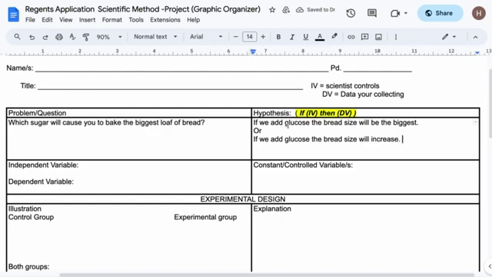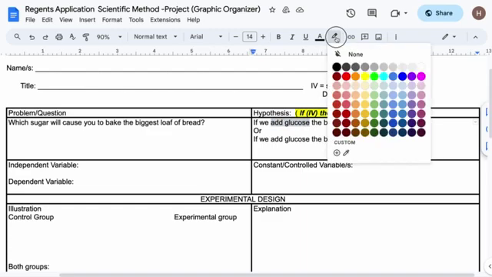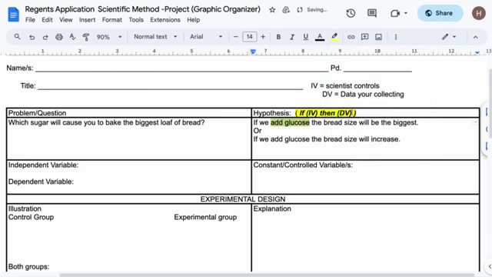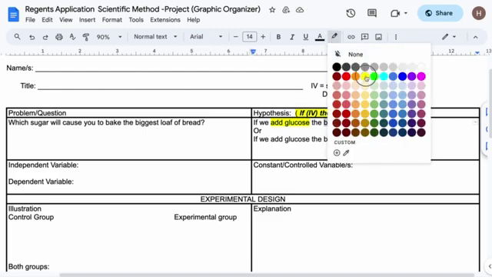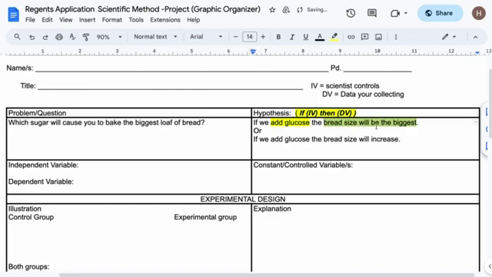So you notice if you state your hypothesis correctly, it's if independent variable, add glucose, then dependent variable, bread size will be the biggest. And if you want to double check yourself, you ask yourself, do I really have the right dependent variable?